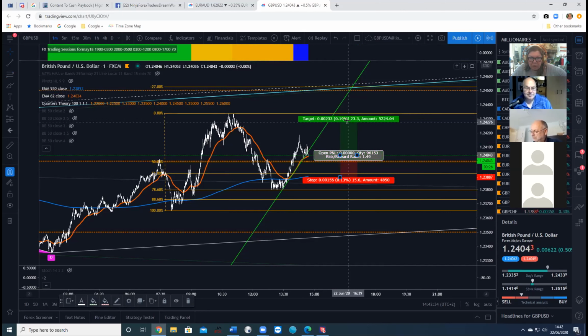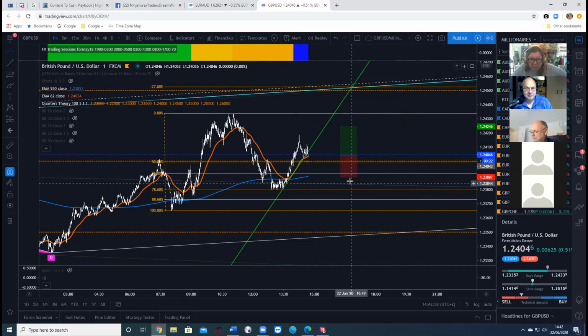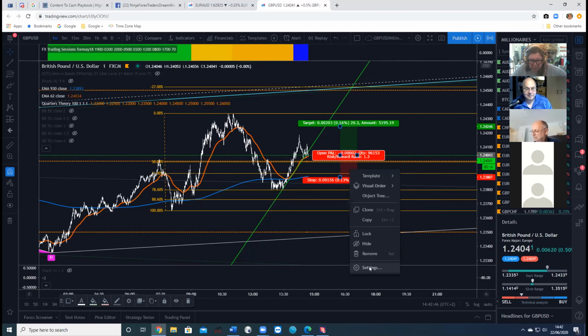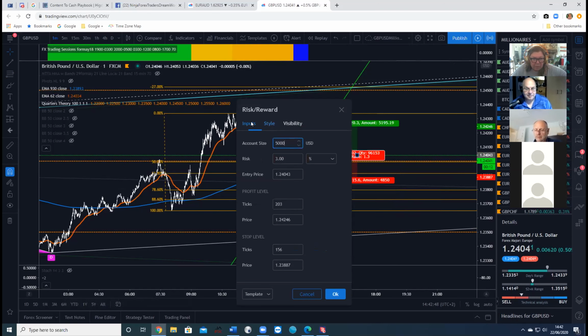That's what you're looking to try and get it to, with a stop loss of 1.23890, something like that. 3035.